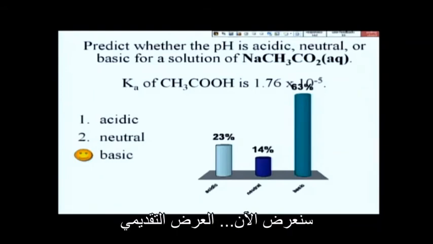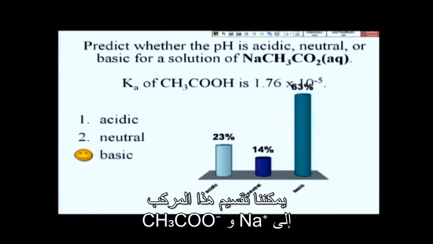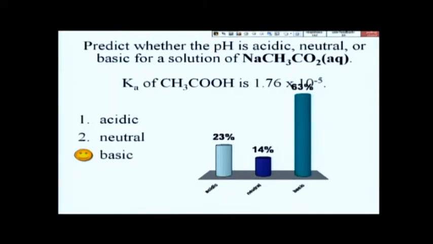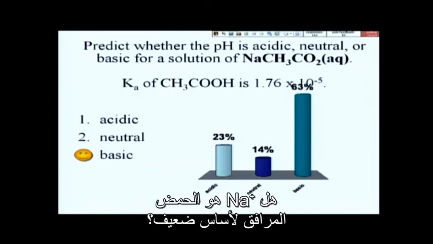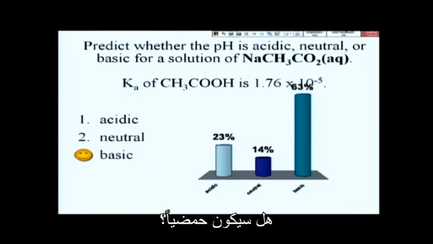So if we go to my presentation here, we can break this up into NH plus and CH3CO minus. NH plus, is that a conjugate acid of a weak base? Is that going to be acidic?